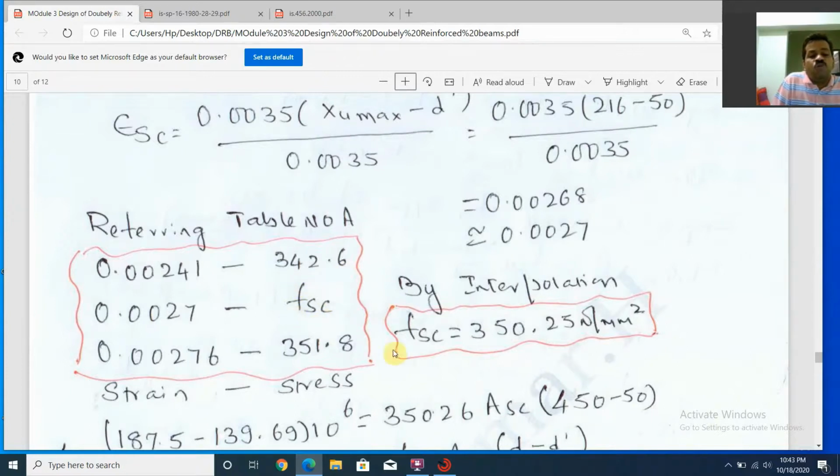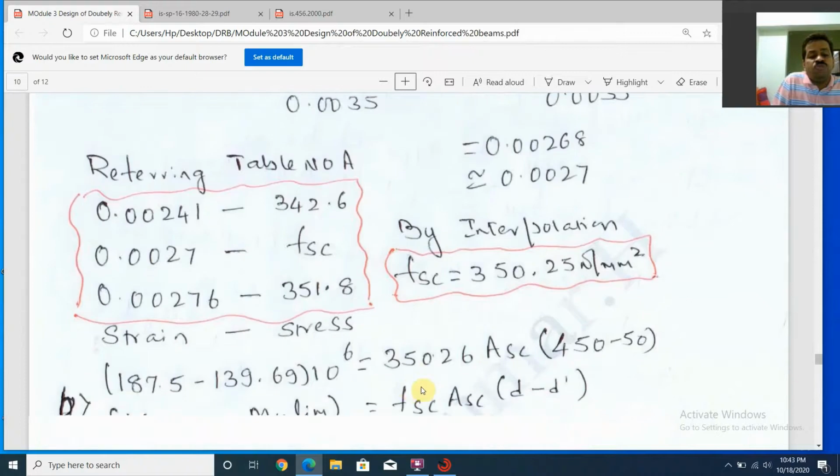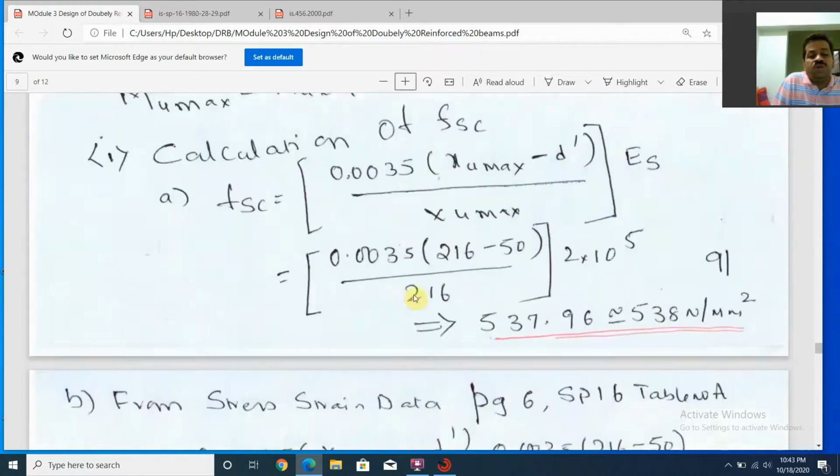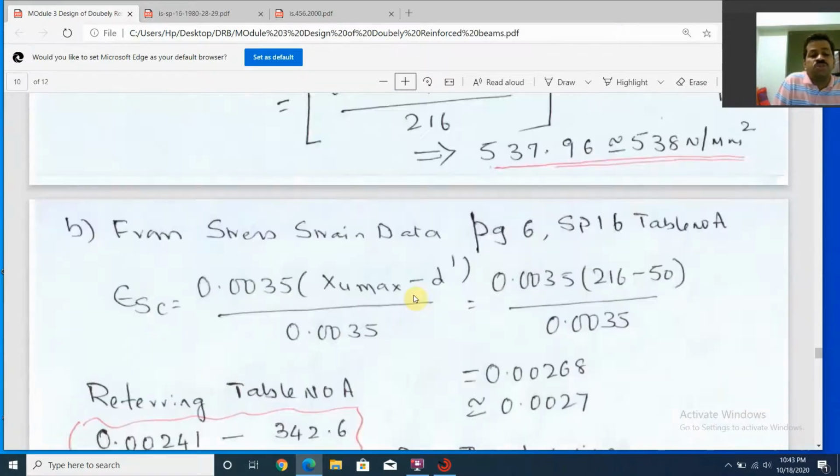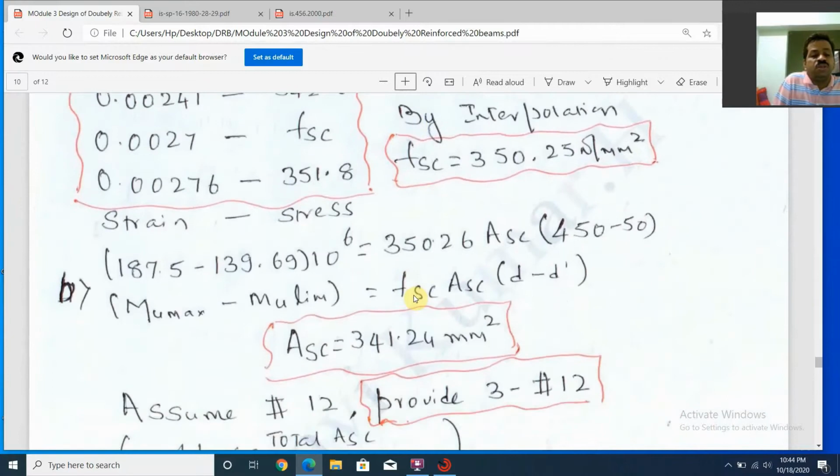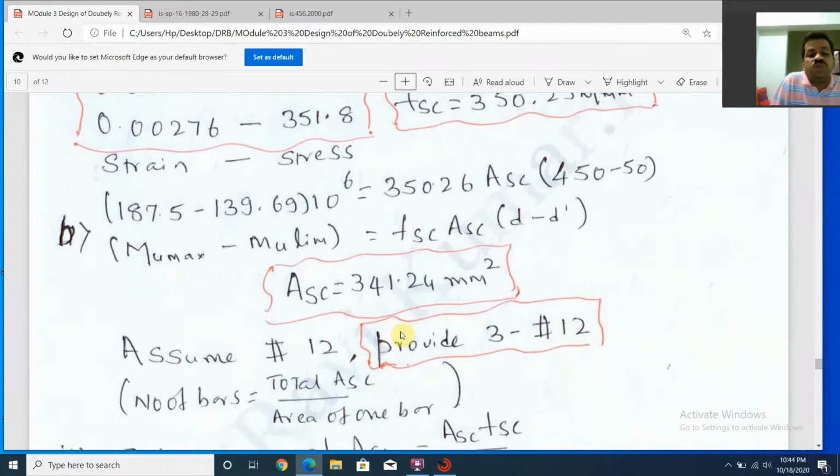Now substitute the value of Fsc in this equation, which we have written here: Mu max minus Mu limit equals Fsc into Asc into (d minus d dash). Substituting the value of Fsc, you get Asc as 341.24 mm square.